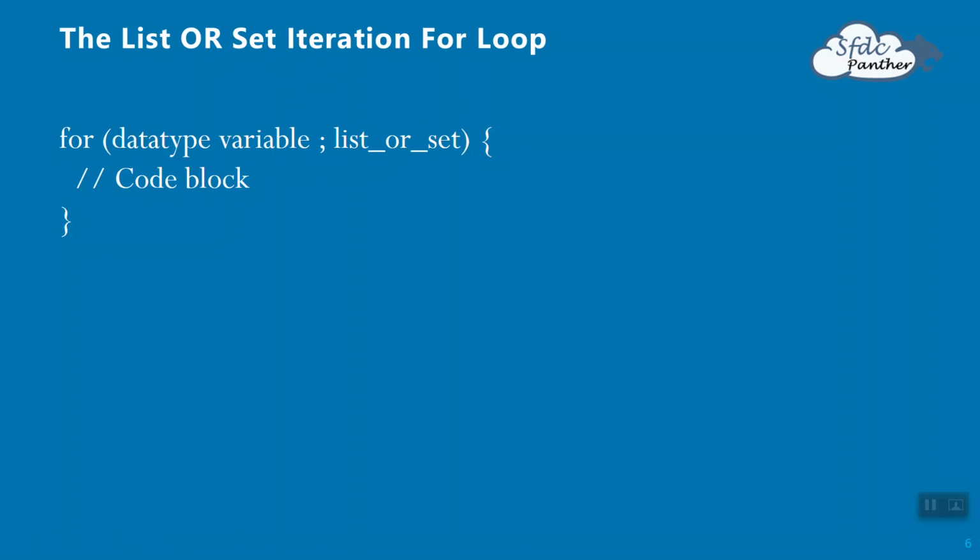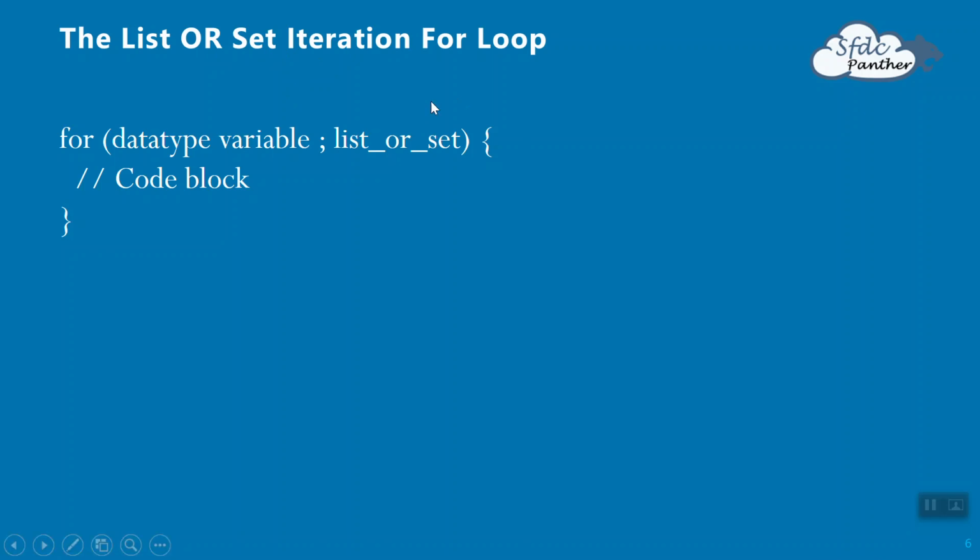Now let's say that we don't know the number of elements, or we don't want a condition for how many records that particular for loop will execute. There might be a single record, there might be 100 records, 1,000 records, or millions of records. In that case, instead of the traditional for loop, we should adopt this, that is the set iteration for loop.